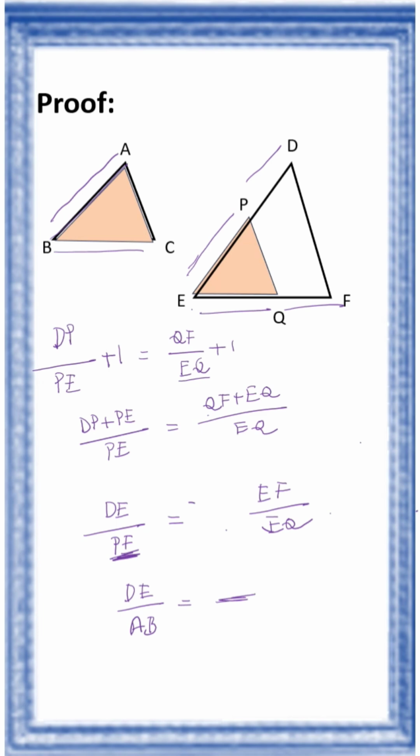So instead of EQ, you can write what? BC. EF by EQ. This is the result we wanted to get, isn't it? Instead of EQ, you can write what? BC.